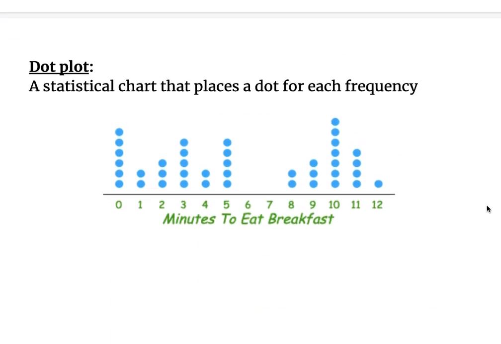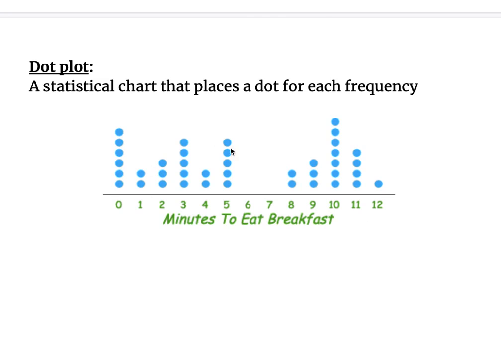So the dot plot, again, just puts a dot for each frequency, and it's going to give us a little bit more information because it's laid out where we can find the shape. So minutes to eat breakfast, for this dot plot here, we'll see that most people eat between 0 to 5 minutes and 8 to 12 minutes. There's this gap between 6 and 7 for some reason.